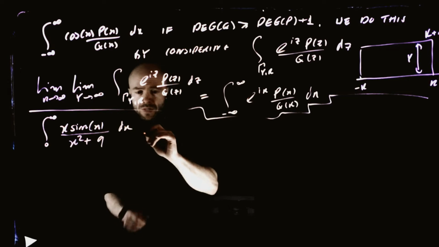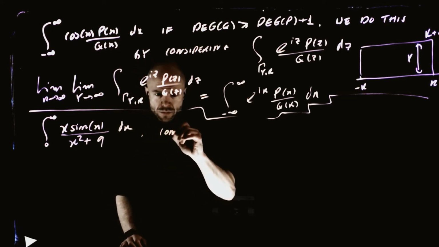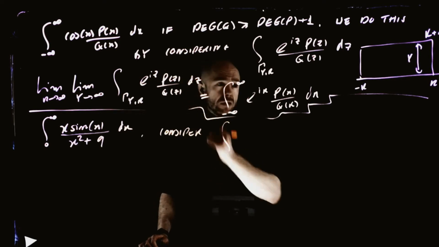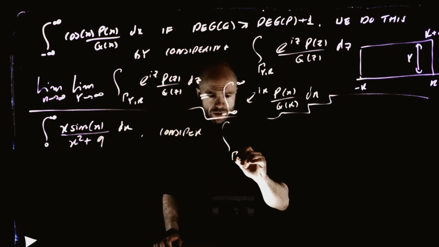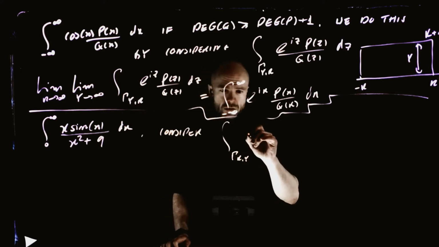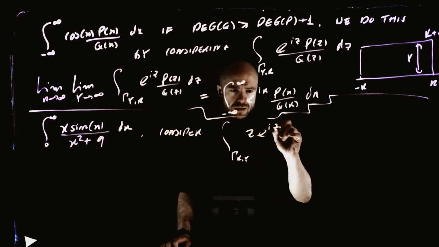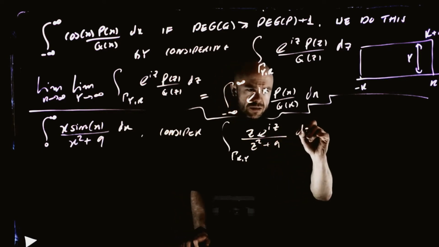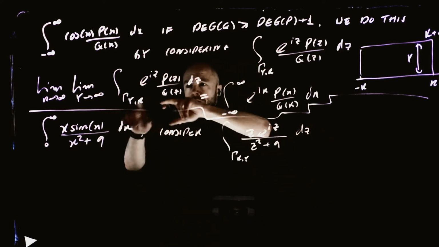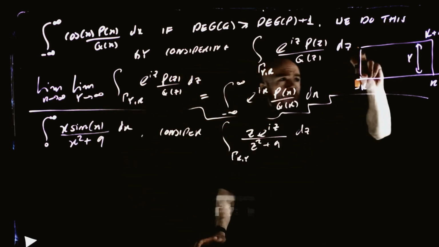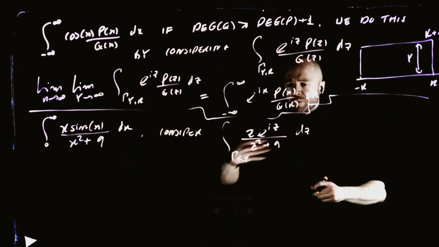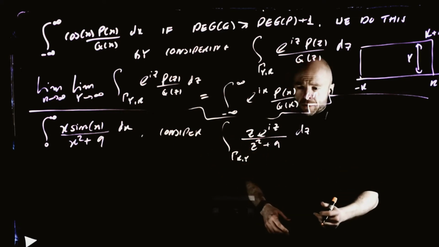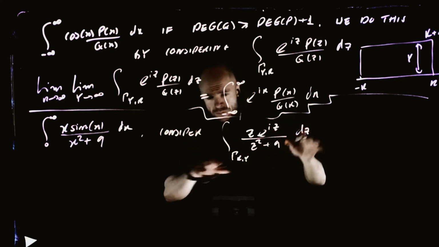So we will consider the integral over this kind of contour, gamma y of z e to the iz over z squared plus 9 dz. I'm not going to go over again the fact that these parts will vanish as we let these limits go to infinity, first y and then r. So we're just going to take that as given, and we're going to calculate this guy.